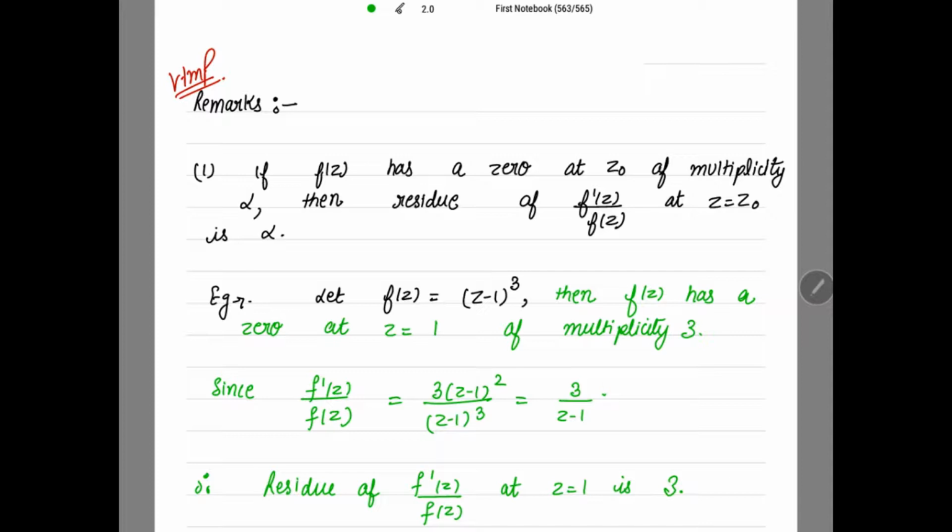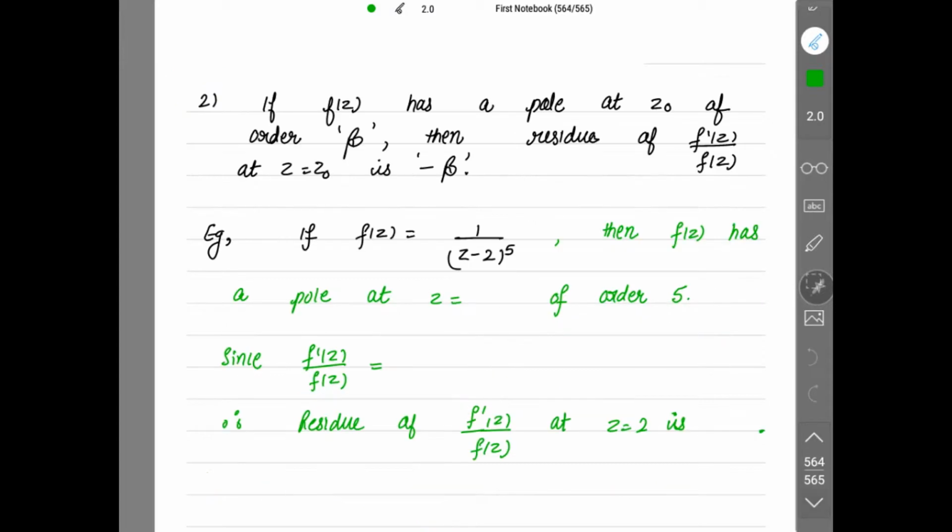Alright, so again I am reading the remark. If f(z) has a zero at z0 of multiplicity alpha, then the residue of f'(z)/f(z) is alpha. Just check your multiplicity and write the answer as alpha, right? For the residue of f'(z)/f(z).